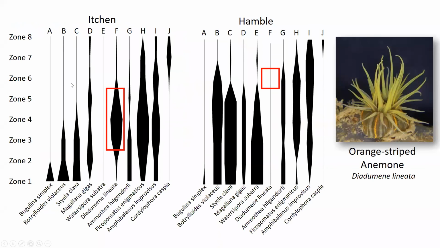So here we have zones 5 to 2, the middle part of the estuary, but the equivalent zone in the Hamble is here, but that is essentially one spot, probably not terribly suitable for the orange striped anemone, and we didn't find it there, and that's why that's blank. So it is possible that the orange striped anemone does occur in the relevant section of the Hamble, but that we didn't look in the right place.